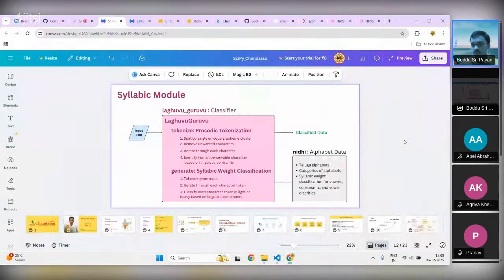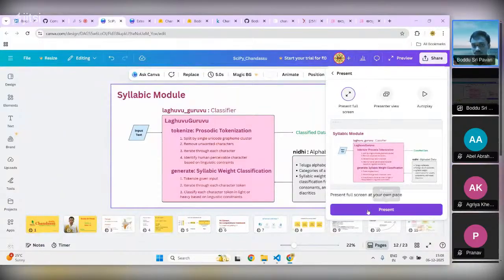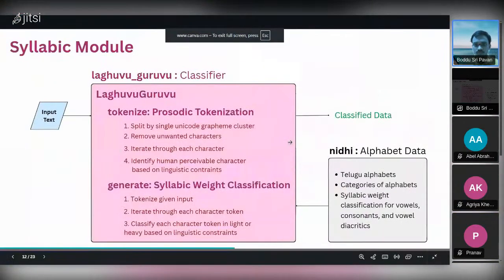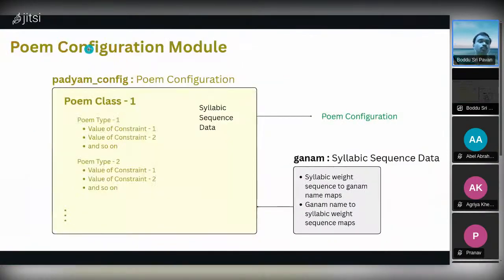Coming to the second module, this is the poem configuration module. As we previously discussed, we have characters, and each character can be classified as either heavyweight or lightweight.